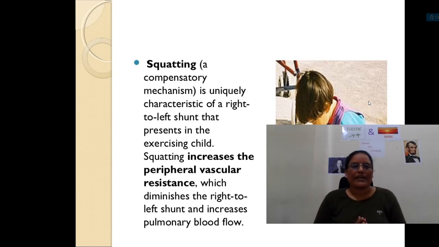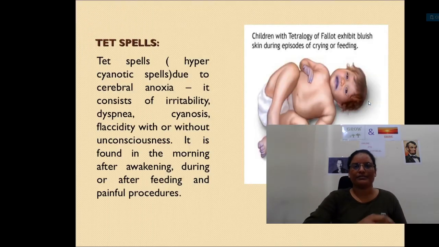Okay, in a right to left shunt that presents in the exercising child, squatting increases the peripheral vascular resistance, which diminishes the right to left shunt and increases pulmonary blood flow. When pulmonary blood flow increases, what does it mean? Lungs receive more blood, give oxygenated blood to the heart, and the baby feels comfortable.